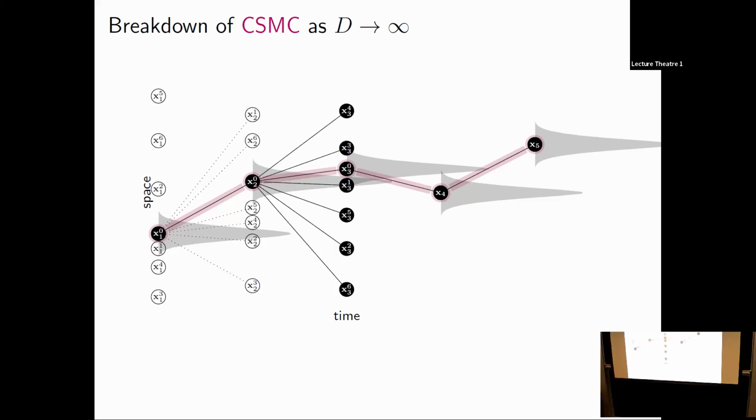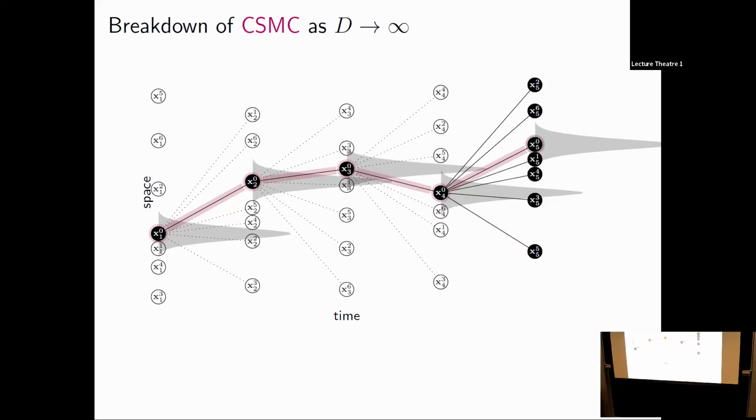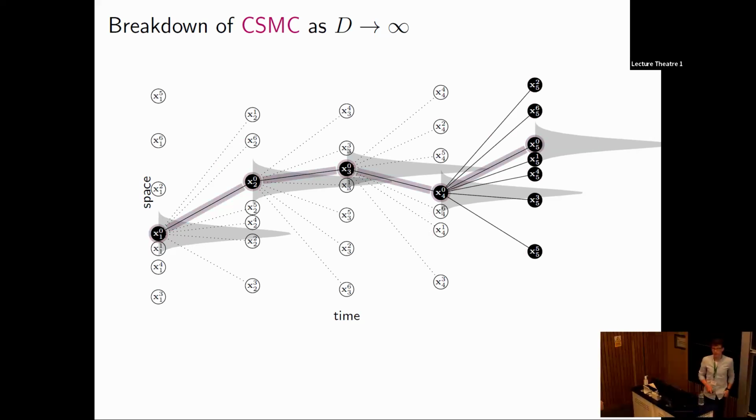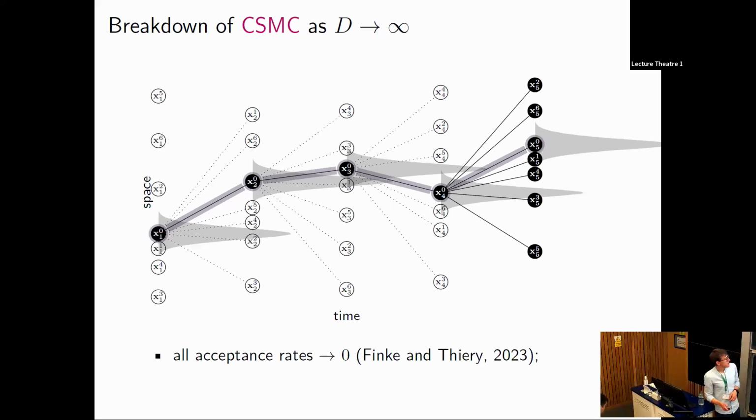So they all get essentially killed off at each time step. And so when you try to select a new particle lineage at the end, you just get out what you have put in. So basically your Markov chain gets stuck. You never accept any moves at any point. So all the acceptance rates go to 0, and this even happens if you use backward sampling. So that doesn't save you in this.